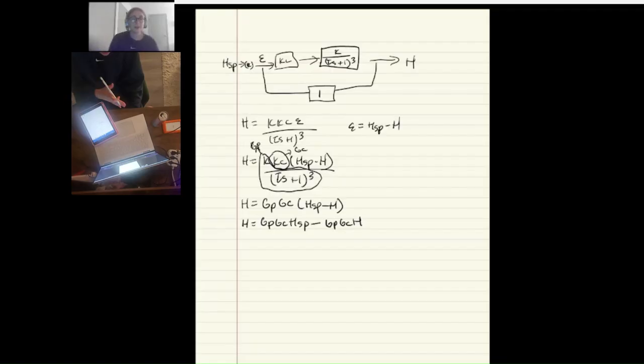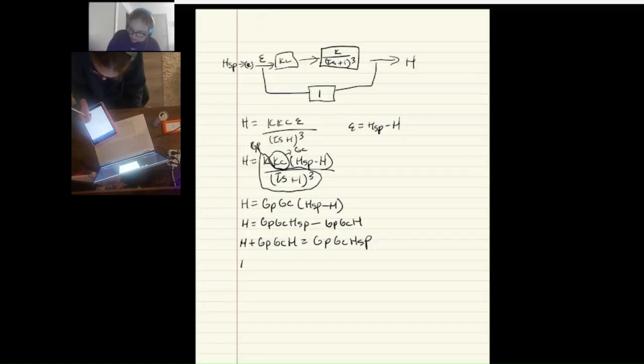Okay, and then we're going to move the variable that has the H over to the other side with the H. So H plus Gp Gc H is equal to Gp Gc times the height set point, right? And now we can pull out our H term because it's in both terms on the left.